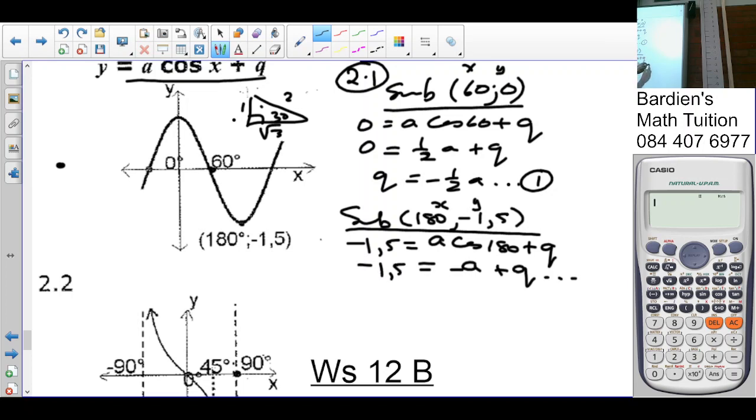And this is equation 2. So what do we do now? We substitute equation 1 into equation 2. Wherever we see a q, we put negative a half a. Okay? So it's negative 1.5 is equal to negative a minus a half a. So what's negative a minus a half a?